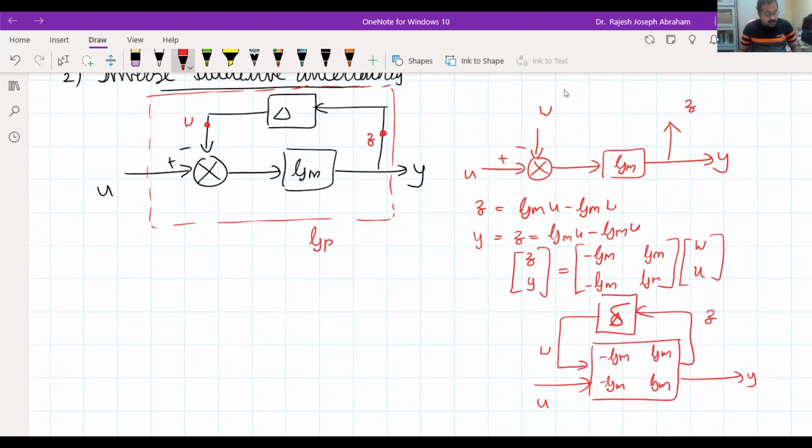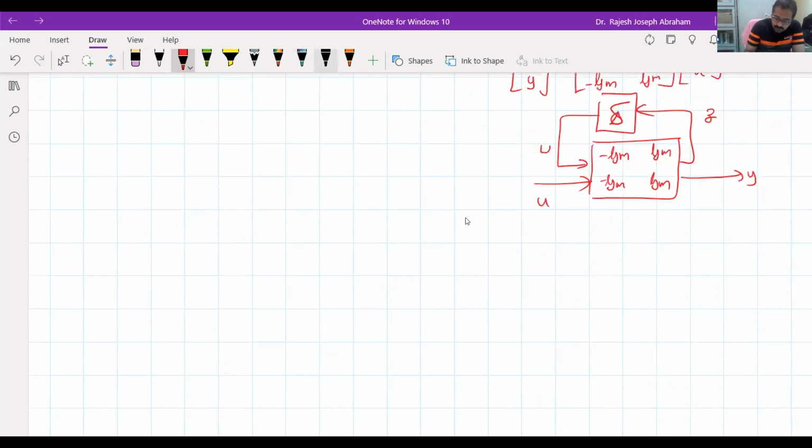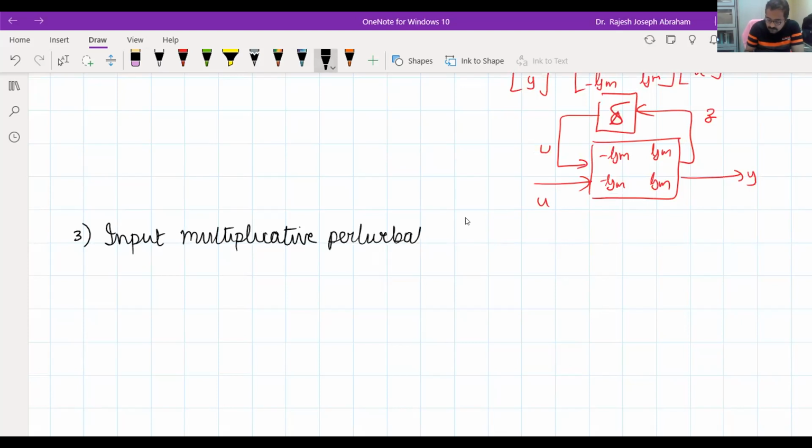Fine. Next is input multiplicative perturbation. Okay, that means you can have a system like this.